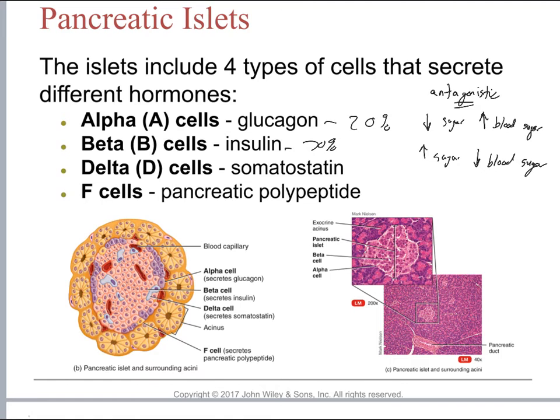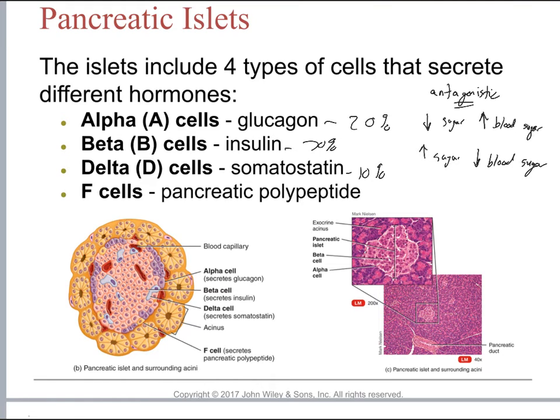The next cells are D or delta cells. They're a little less than 10%. They produce somatostatin, and somatostatin is going to kind of inhibit the F cells from producing pancreatic polypeptide, as well as the alpha and beta cells from producing glucagon and insulin. That brings us to our F cells. Our F cells are also called pancreatic polypeptide producing cells.